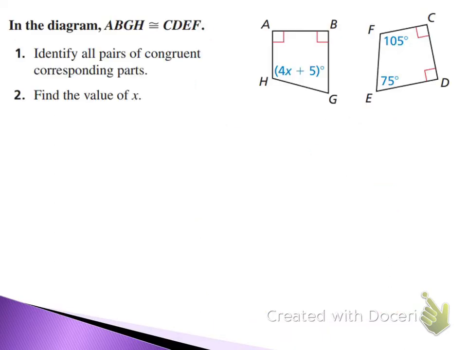Do you see the congruent statement at the top? You can pretty much ignore the shape and only look at the congruent statement. If you have highlighters, you can highlight them if you want. A and C are going to correspond.